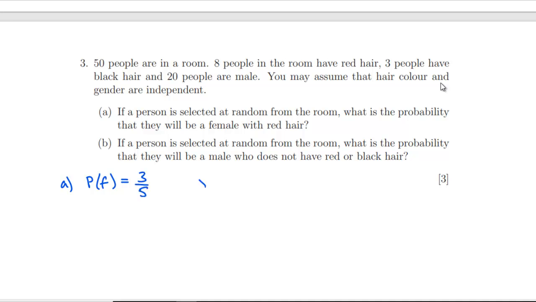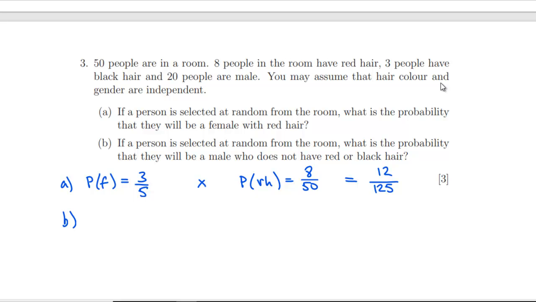And then we need to multiply that by the probability of red hair, because these things are independent of each other. So that is 8 over 50. So we need to multiply these things together. So that is 24 over 150, which is 12 over 125. I don't think we're going to do any better than that, are we? Yeah. So that's that one.